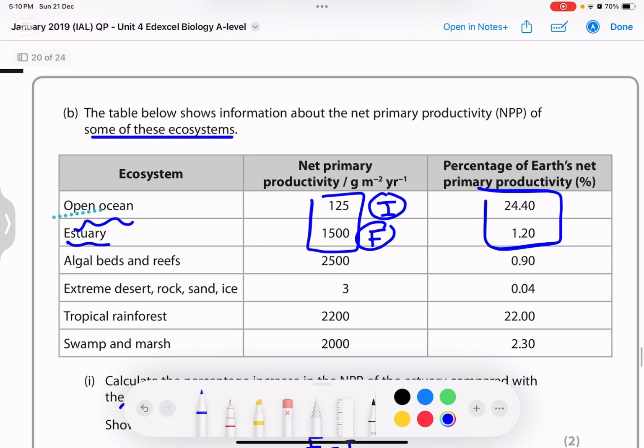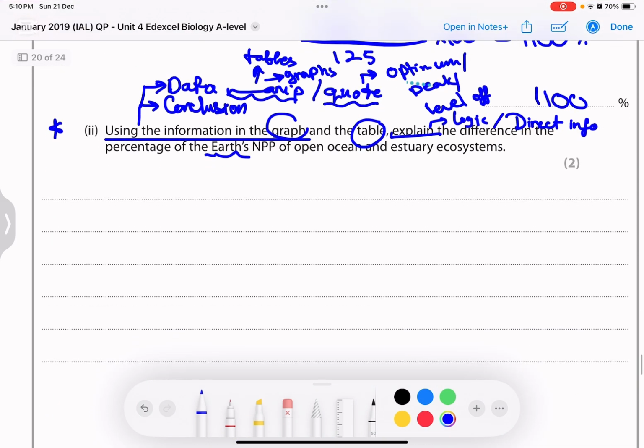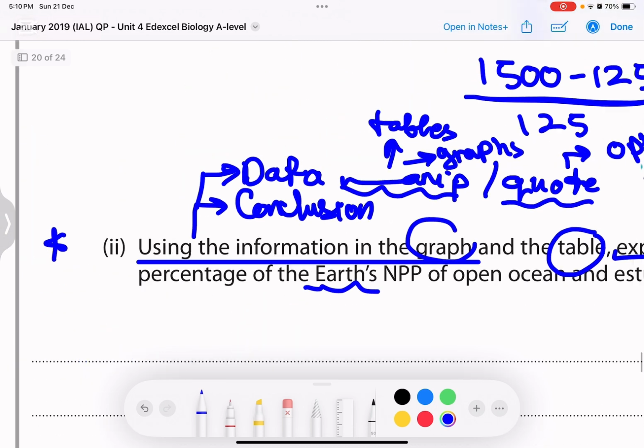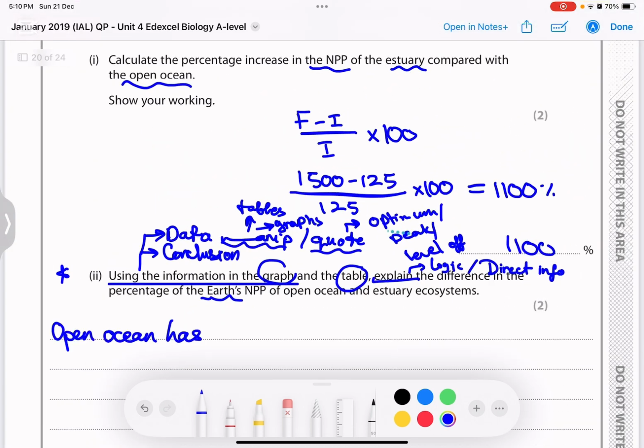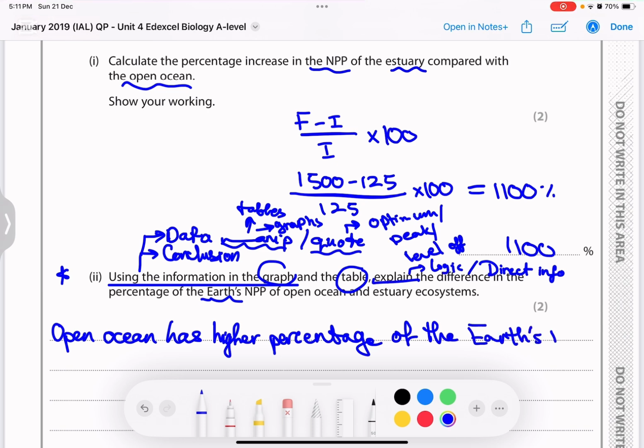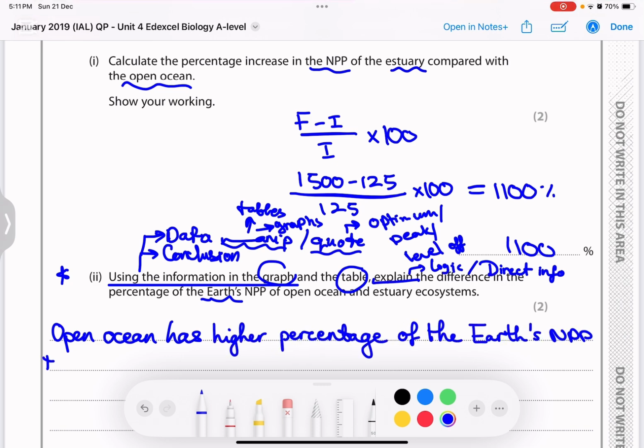So it's going to be the open ocean has a higher percentage of the Earth's NPP than the estuary.